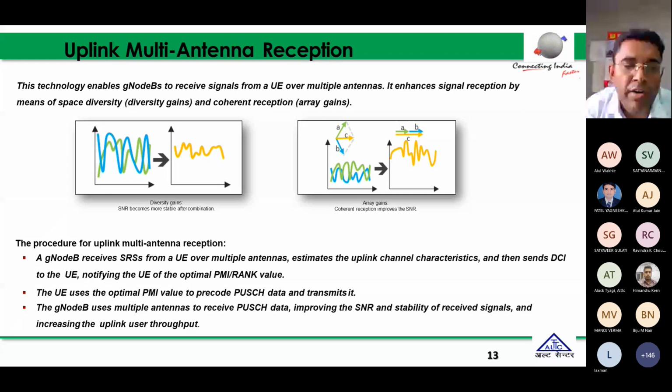And accordingly, gNodeB allocates the resources in the form of DCI, downlink control information, to the UE and notifies the UE of the optimal rank and PMI. What is the PMI? That is the precoding matrix indicator.